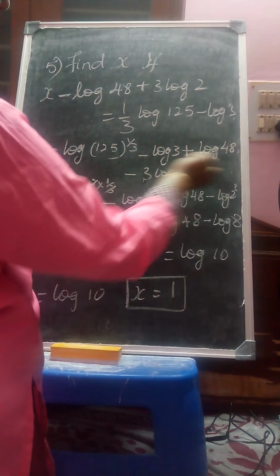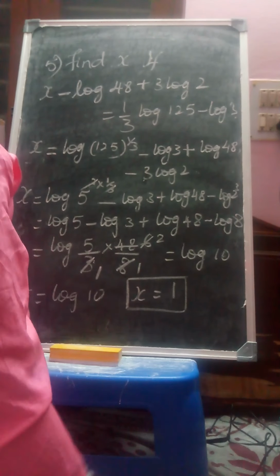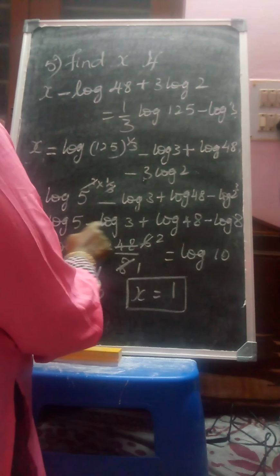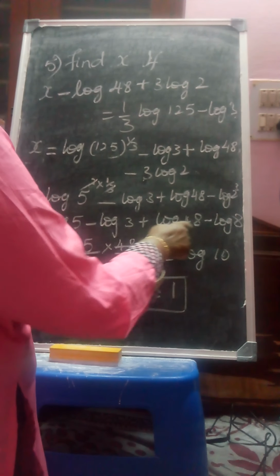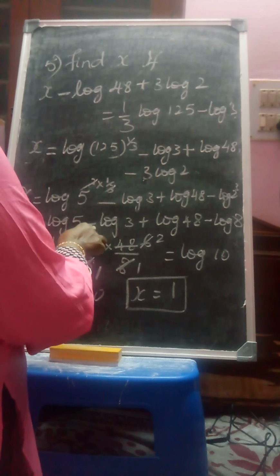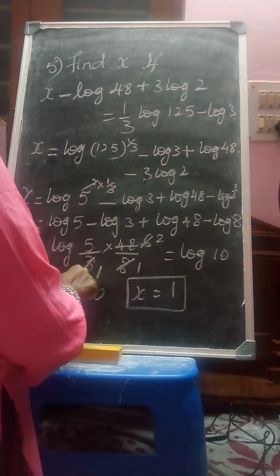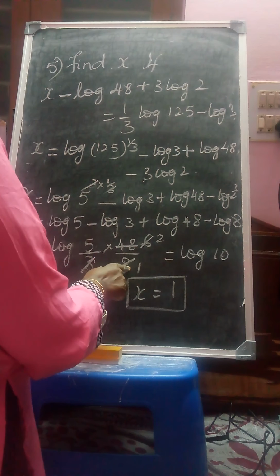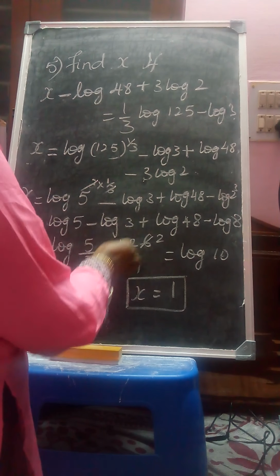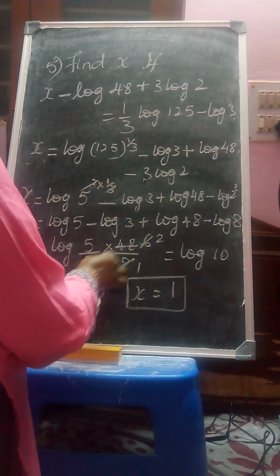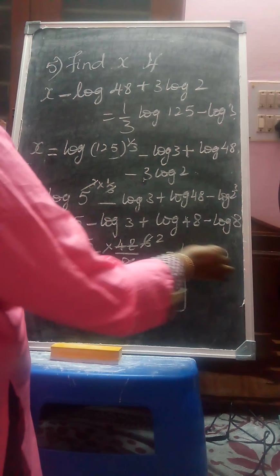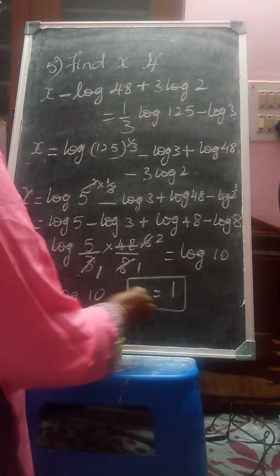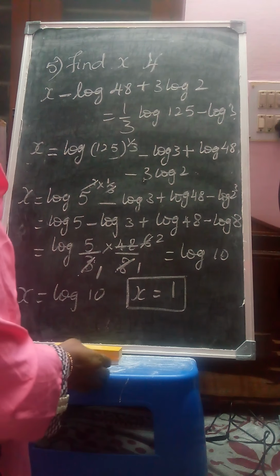Now this 3 goes up here becomes a power. So 2 cube is 8. So log 5 minus log 3 plus log 48 minus log 8. Now minus will come down. So 5 by 3, plus will be in the numerator. Minus will come down. So 8 ones are 8, six are 3 ones are 3 twos are 5 twos are 10. Log 10. Log 10 is nothing but 1. So the x value is 1.